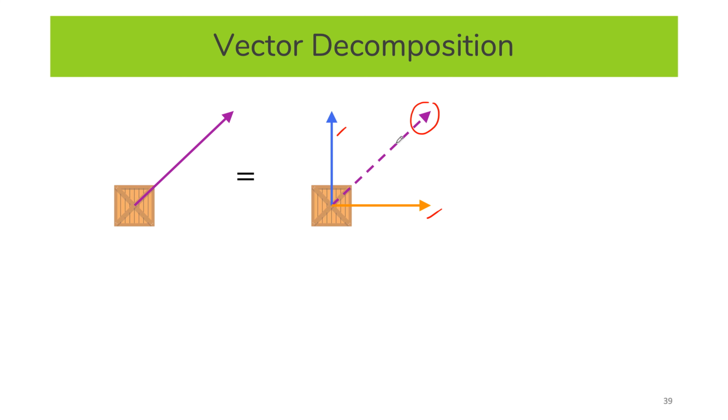So this means that now I'm decomposing this vector into two vectors like this. But what I can do also is that I can decompose them into two vectors this way.